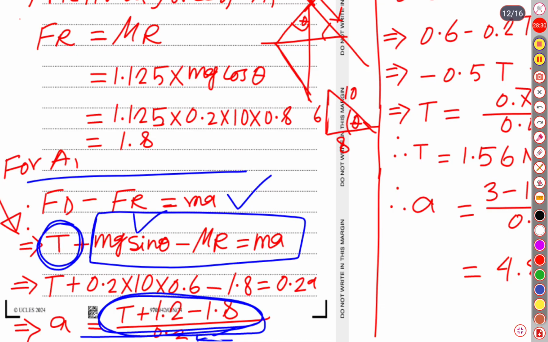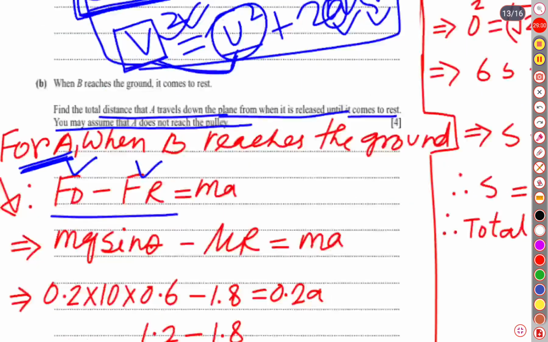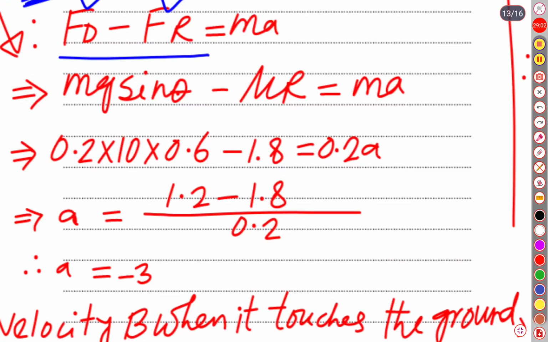One is weight and the other is the resistance force, that's why we have written only the force of weight minus frictional force equal to mass into acceleration. So tension is no more effective because b is already on the ground and no more force is acting between the two particles through the tension. So what will it be, mg sin theta minus mu R, and we have already obtained mu R is 1.8. We are going to just substitute these values. This is mg sin theta minus mu R equal to mass into acceleration, we have just avoided tension.